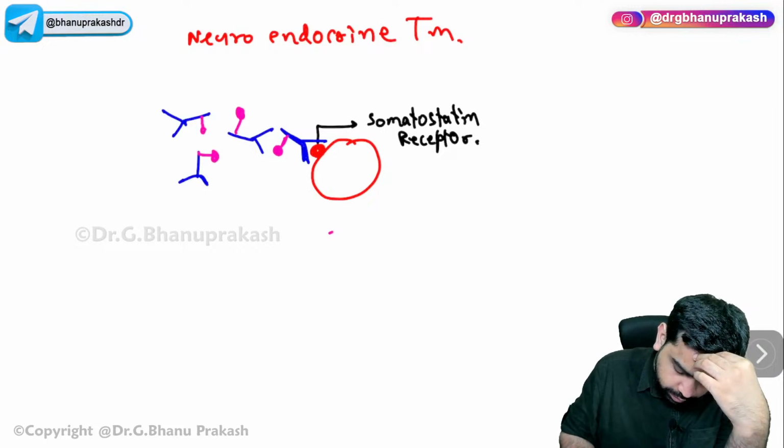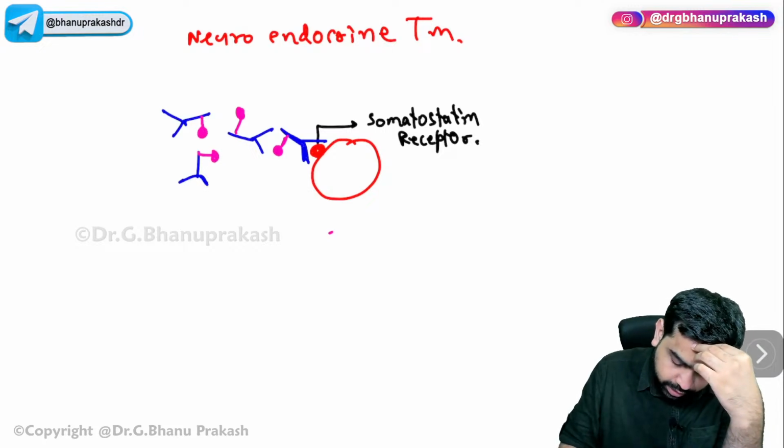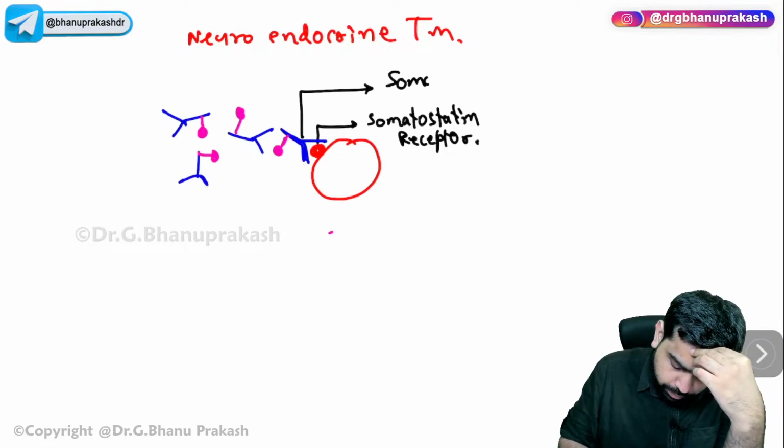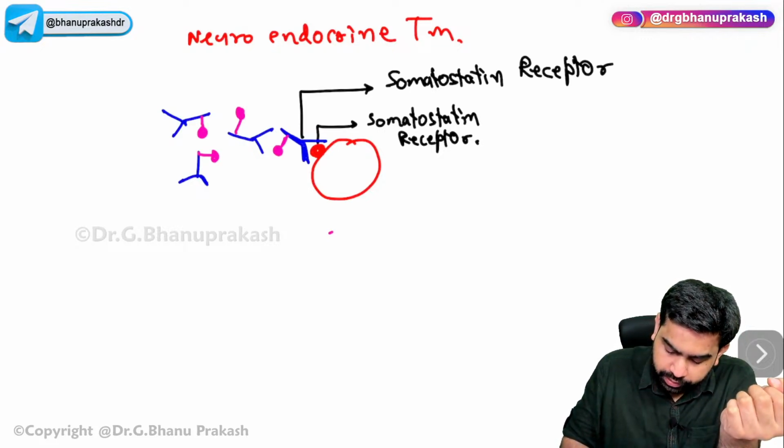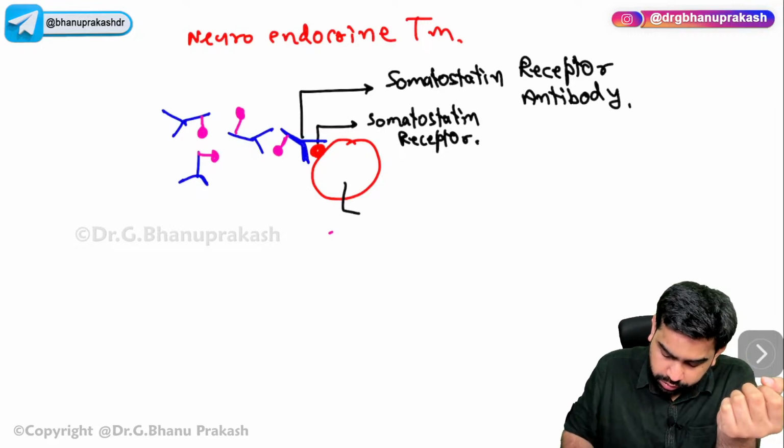So now, wherever these antibodies go and bind, what are these? These are the somatostatin receptor antibody.